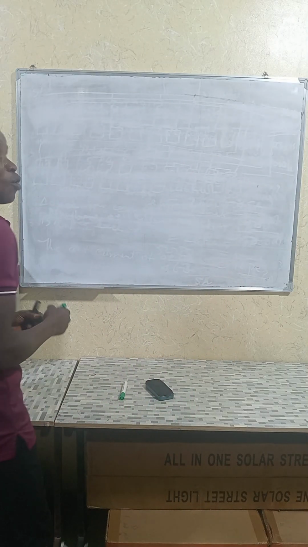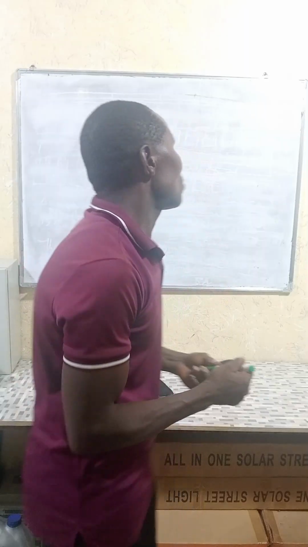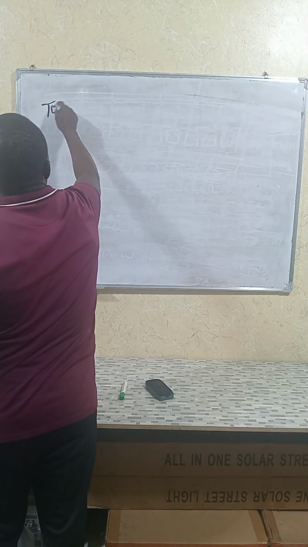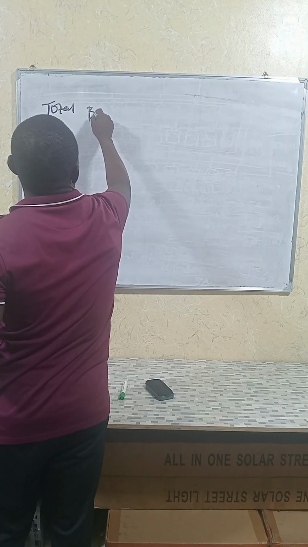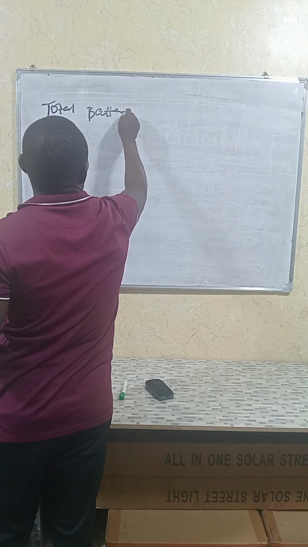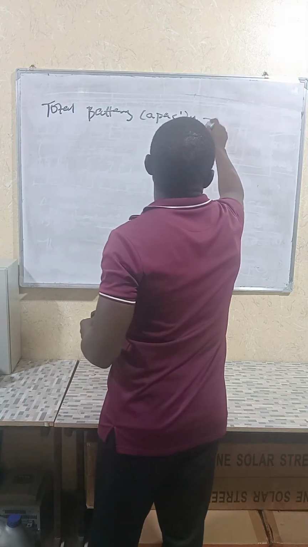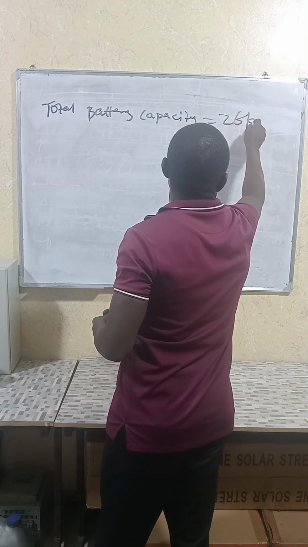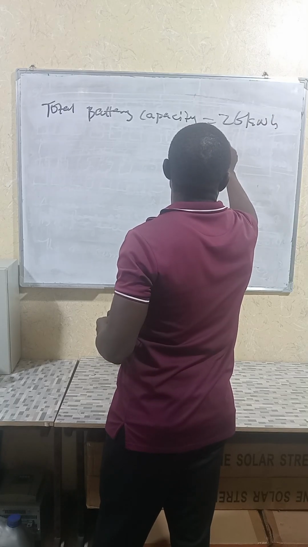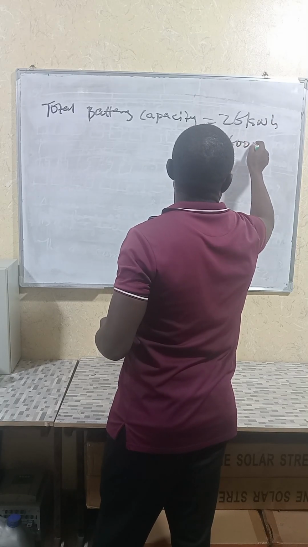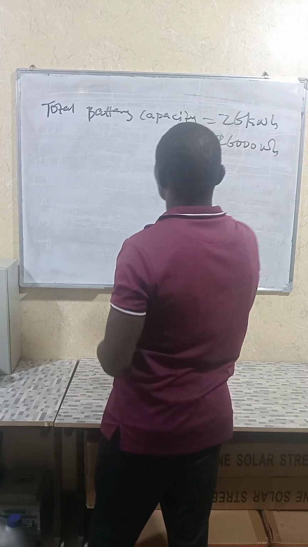Now, if you are using a 200 amps solar battery, and the total battery capacity we have is 26 kilowatts hour. Now, the total battery capacity is equal to 26 kilowatts hour, which is equal to 26,000 watts hour.